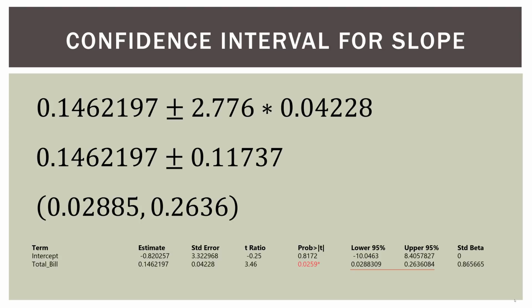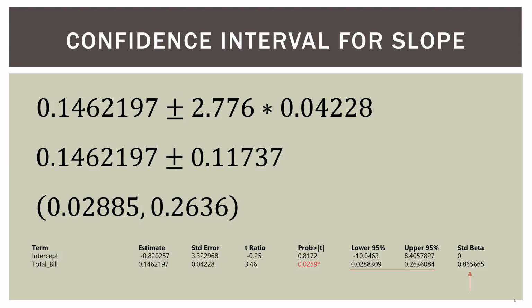Then the upper limit of the confidence interval is 0.26360, and so forth. Look over here on the calculation, 0.2636, the exact same thing. So again, we did it the by-hand way, and we confirmed it against the output that we got using the software. Slight differences again due to rounding, 5 digits out, but it's the same thing.